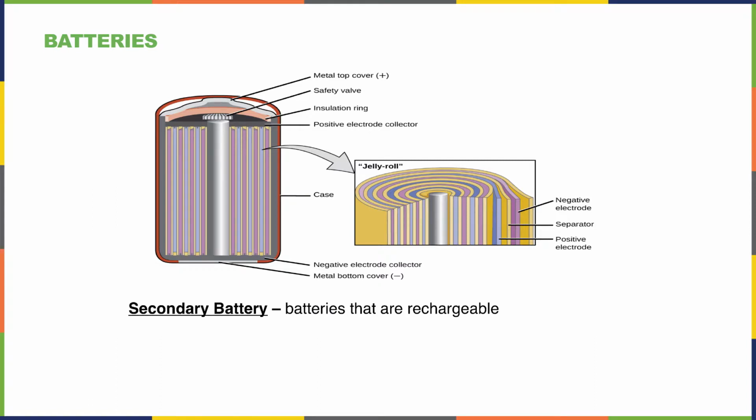Now, this type of configuration allows for something called a secondary battery. Secondary batteries are batteries that can actually be recharged. So you use them up, then you put them to an electrical current and essentially reverse the reaction by adding electrons, and the battery recharges and you can use it again.